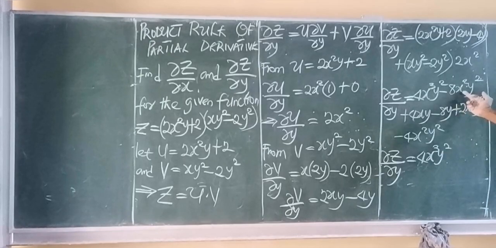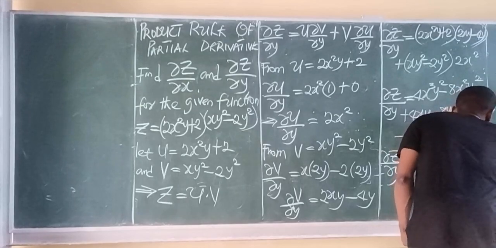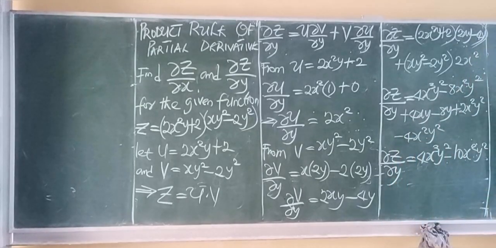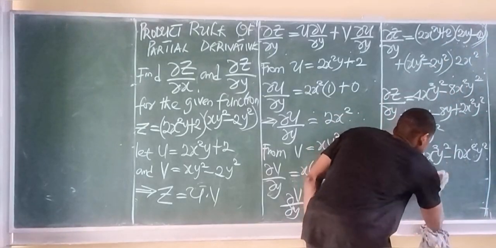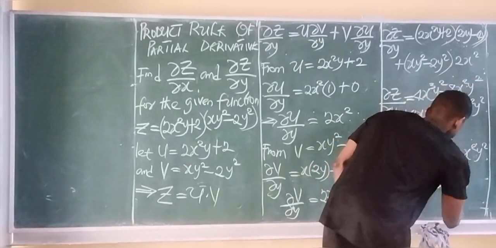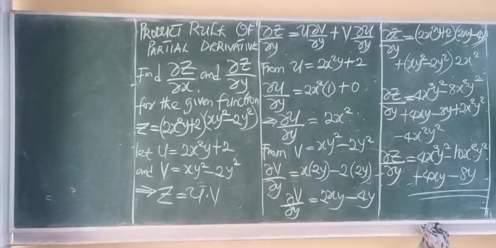So minus 8x squared y squared plus 2x squared y squared gives us minus 6x squared y squared. Then minus 4x squared y squared gives us minus 10x squared y squared. Next we have 4xy minus 8y, so we'll bring that down, plus 4xy minus 8y. So this becomes the answer to that partial derivative.